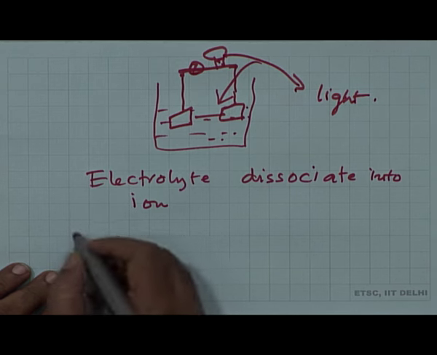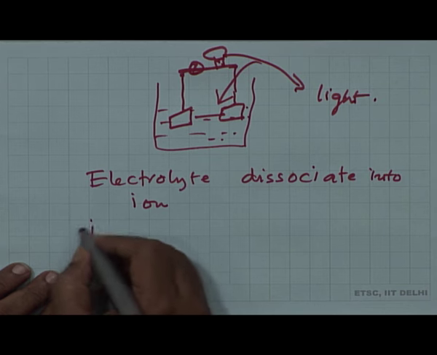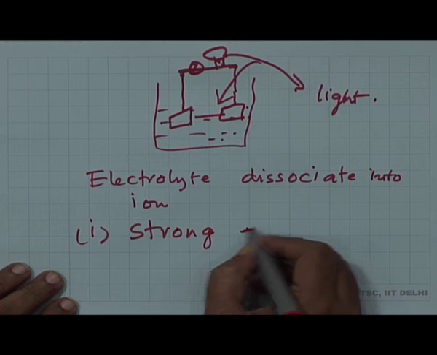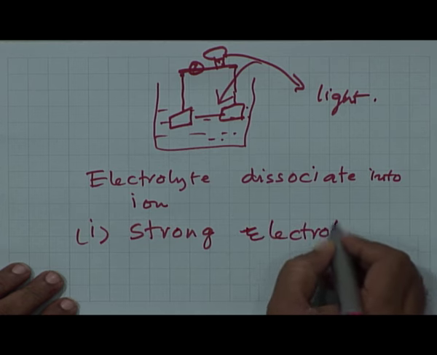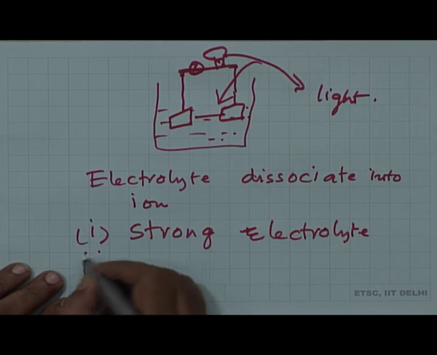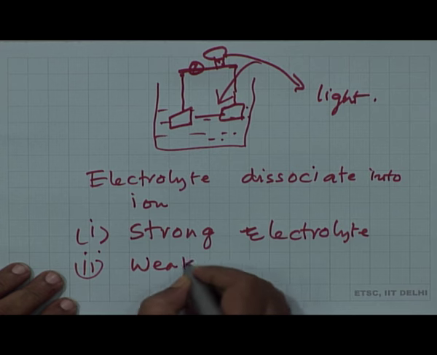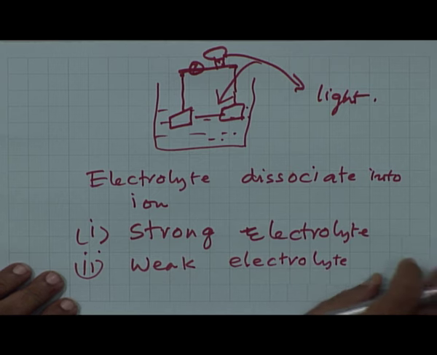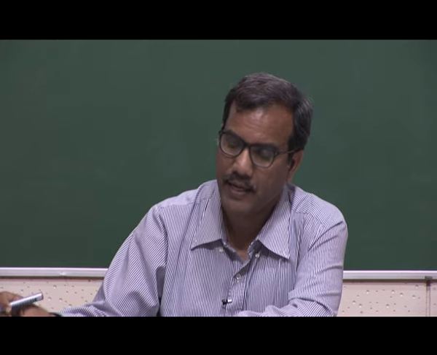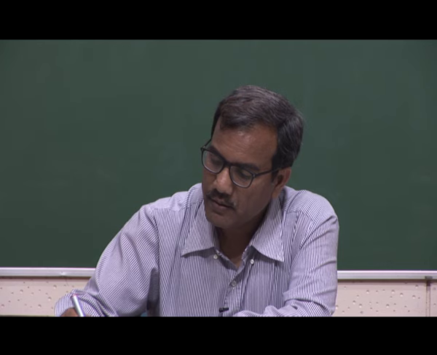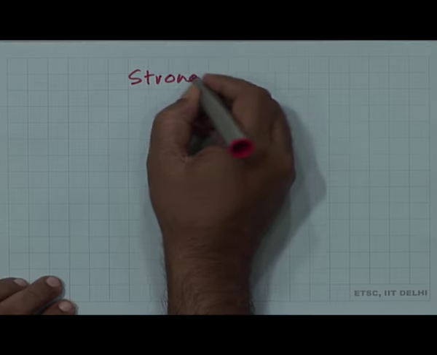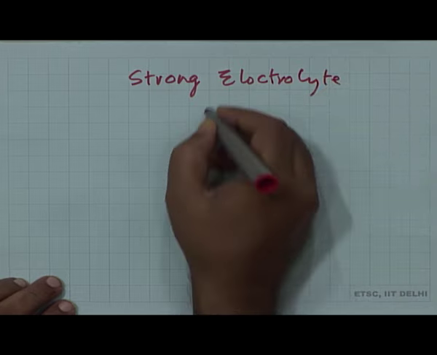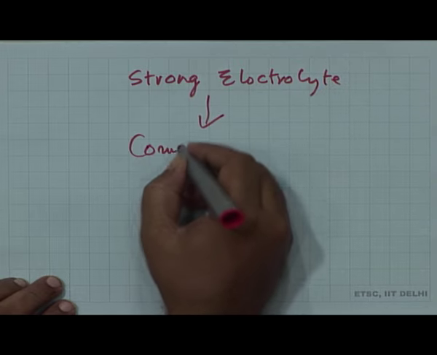There are two types of electrolyte. One is the strong electrolyte, and second is the weak electrolyte. Now, let us discuss what we mean by strong and weak electrolyte. A strong electrolyte is an electrolyte which completely dissociates into water, almost completely.